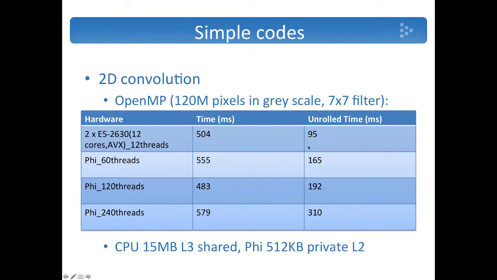But if we unroll the loop, the CPU performance is greatly improved, and it reaches a result of less than 100 milliseconds. For Xeon Phi, it improves, but not that much. So the Xeon Phi is still slower than the CPU. And why? Do we forget something?